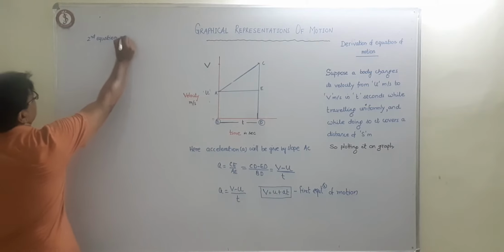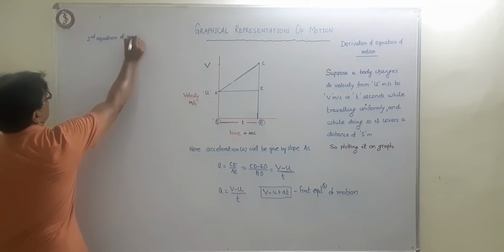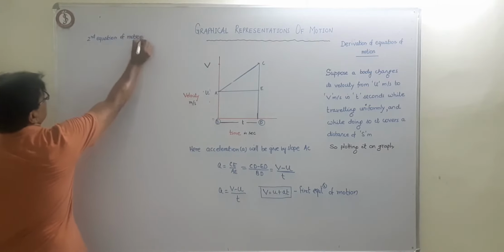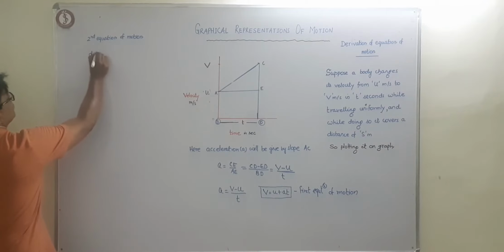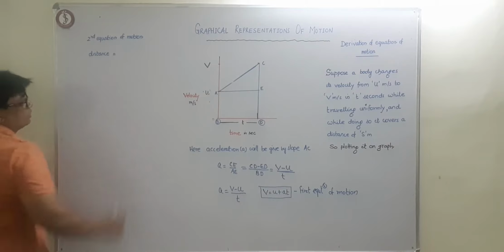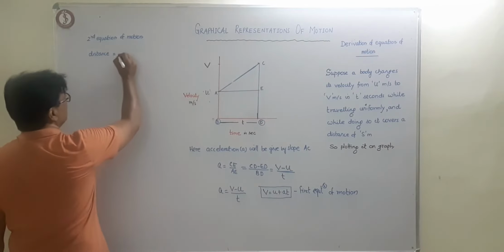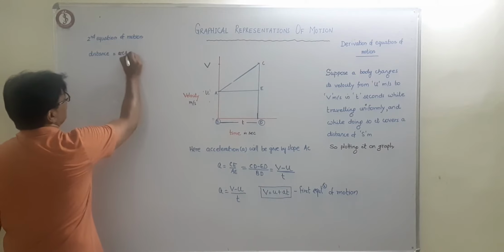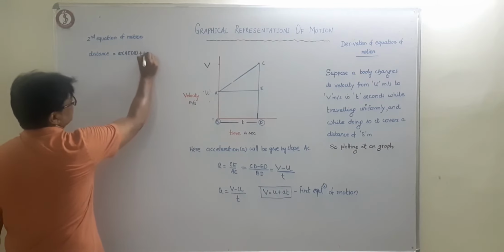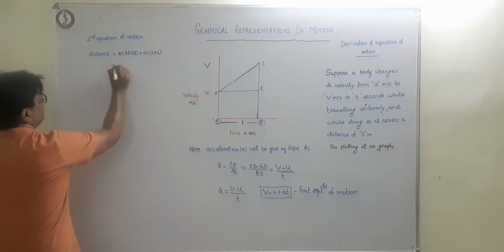Only thing is, in the second equation of motion, distance covered is the area of the graph. Distance covered will be equal to the area of the graph, that means the area of rectangle AEDB plus the area of triangle AEC.